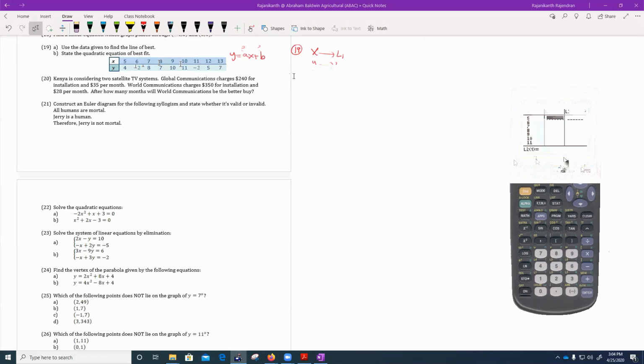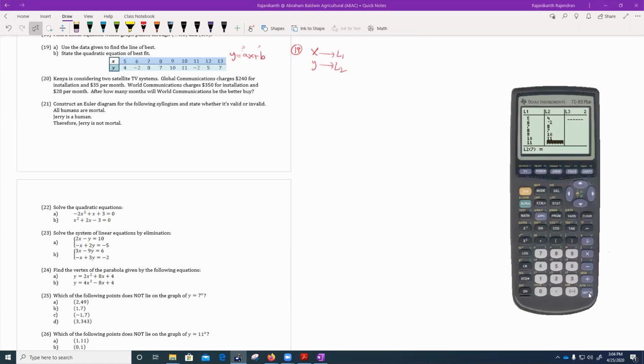Now let us enter our y values. The first value is 4, then negative 2, then 8, 7, 10, 11, and again negative 2, then 5 and 7. I have entered all the data values.